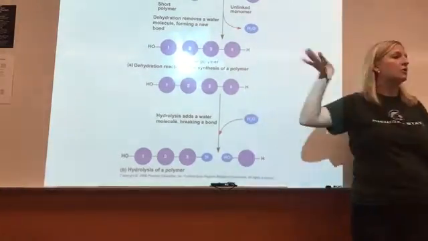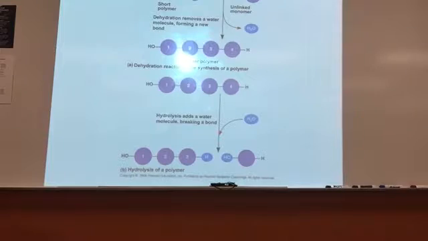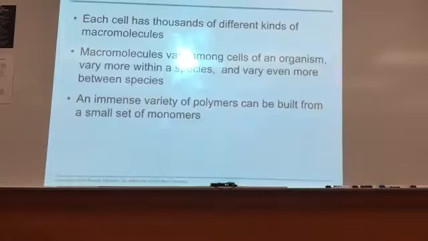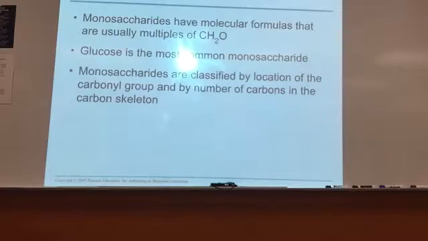And remember, they add or lose a water molecule to either form the bond or break the bond. We're going to look at that in each class of molecules, and we'll see it in action. And carbohydrates was our first type of macromolecule.